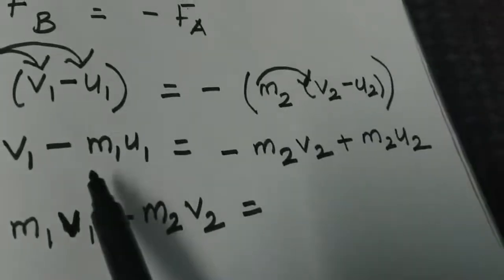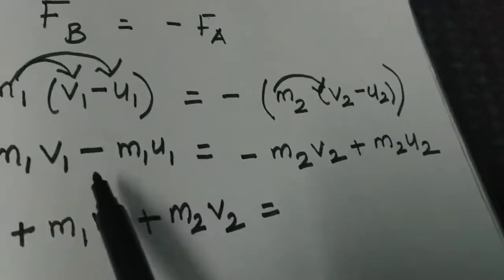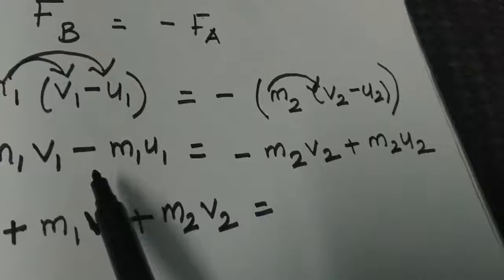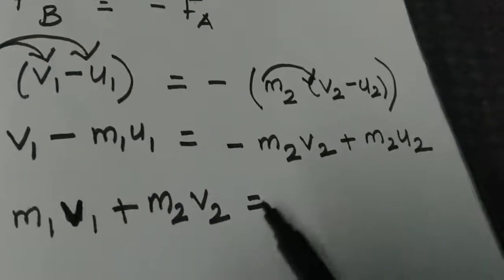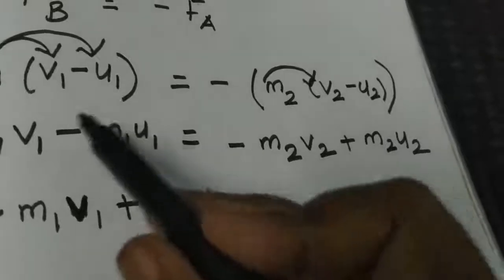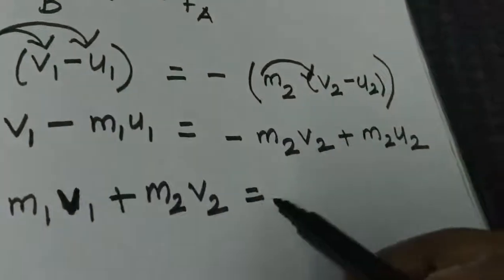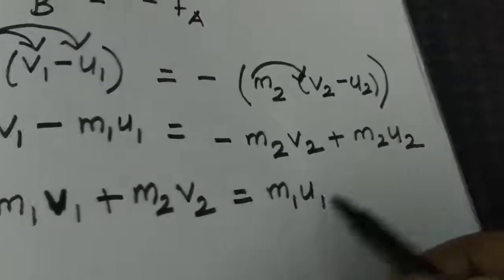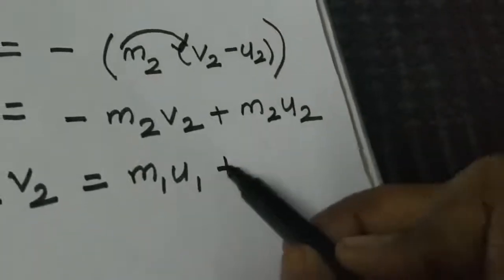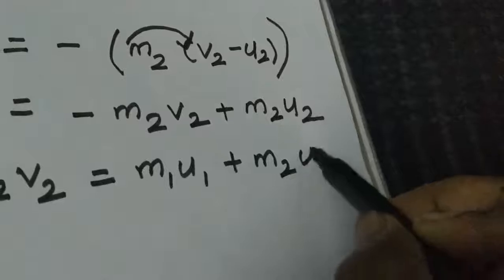Here m1 u1 is in minus sign, when it comes to the right side it changes to plus sign, so m1 u1 plus m2 u2.